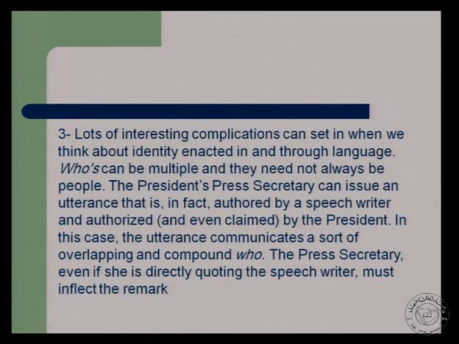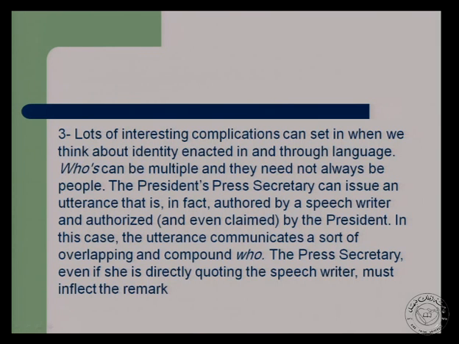Lots of interesting complications can set in when we think about identity enacted in and through language. Whose can be multiple, and they need not always be people.